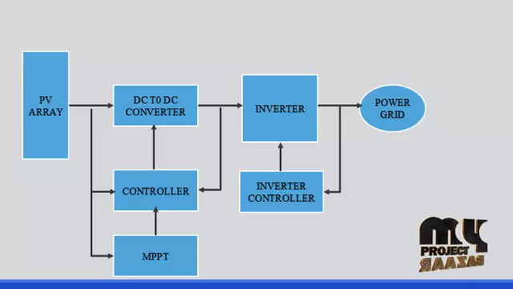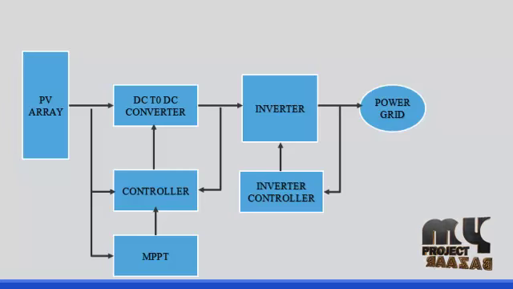The output duty ratio is fed into the sliding mode controller. In the sliding mode controller, the output of the DC to DC converter is also considered as a reference, and the PV voltage error is also considered. So finally the controller generates the pulses for the DC to DC converter.